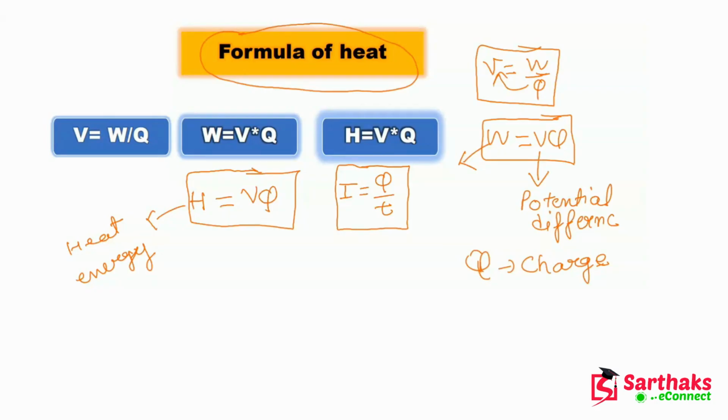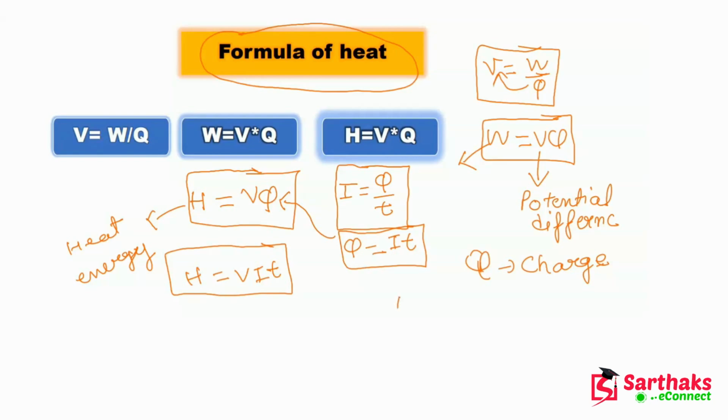From this formula we can calculate the value of charge, and it will come I into T, I multiplied by T. So if I put this value directly in this formula, then I will get VIT.